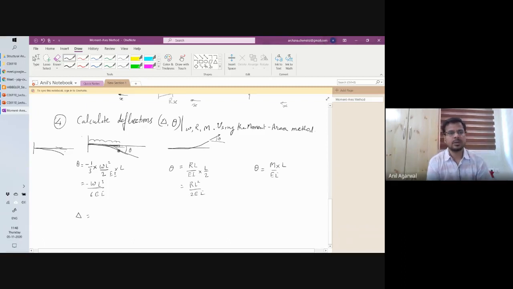That was the undeformed shape, and from there we measure the movement of any point. So we measure this movement. That is our delta, and that is given by the first moment of this area about the free end. So basically we just calculated the area, and now we need to do the first moment about the free end.